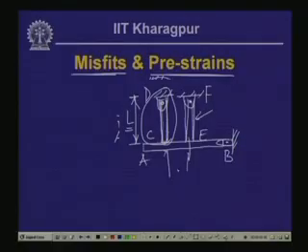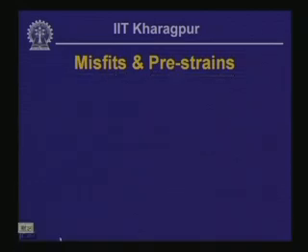This is what we call pre-strains or pre-stressing. Many times we introduce this kind of pre-straining or pre-stressing in the system intentionally to avoid some problems in some situations, which we will look into at a later stage. Well, if we have this kind of misfits or pre-strains, what are the consequences of that? Let us look into it.